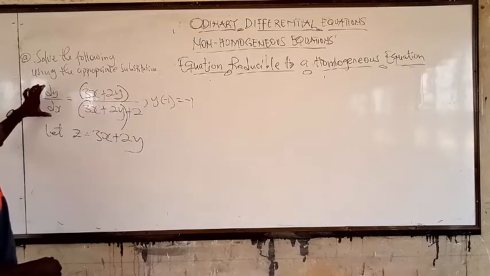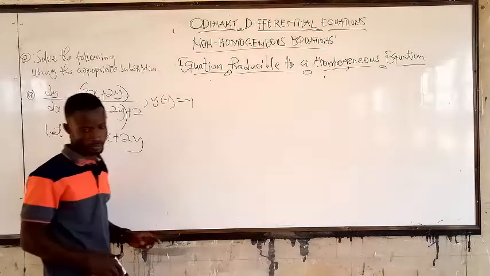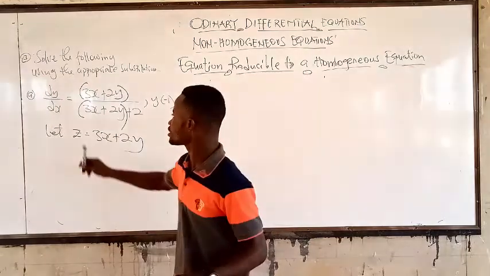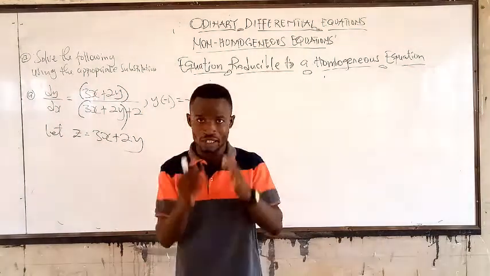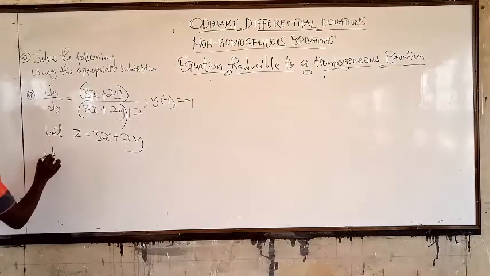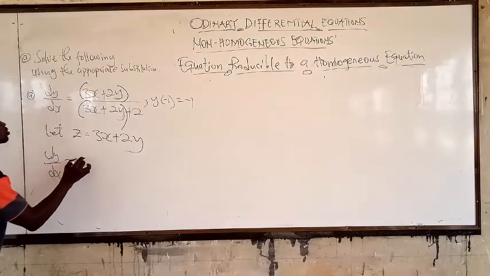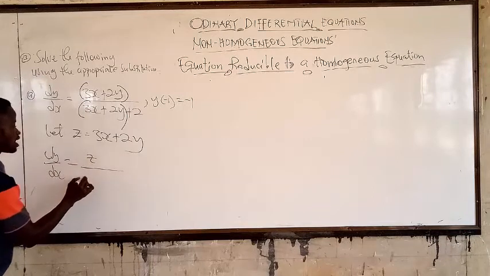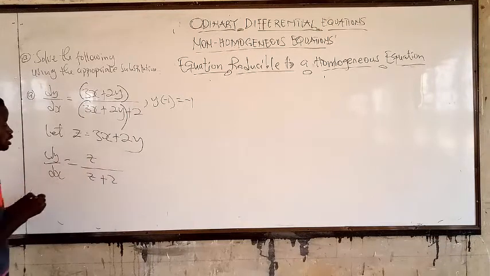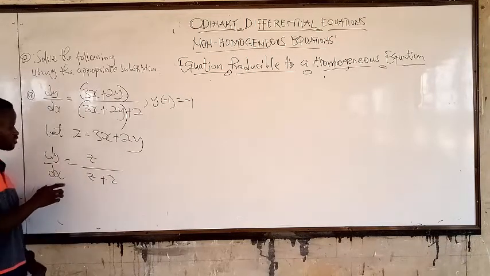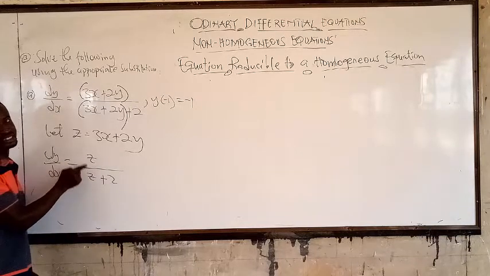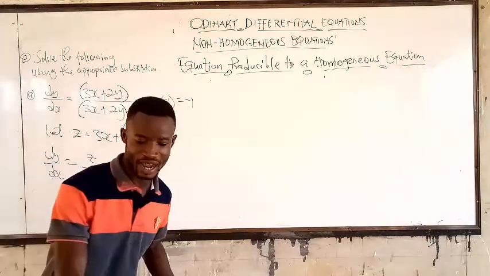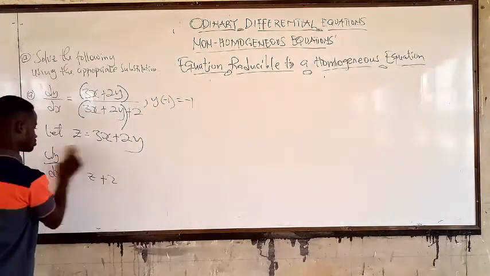So you have to change this dy/dx here, because we are going to do the substitution. You watch something. The dy/dx is going to be z over z plus 2. How can you take the derivative with respect to x, whereby this is the term of this? So we have to rewrite it well again.